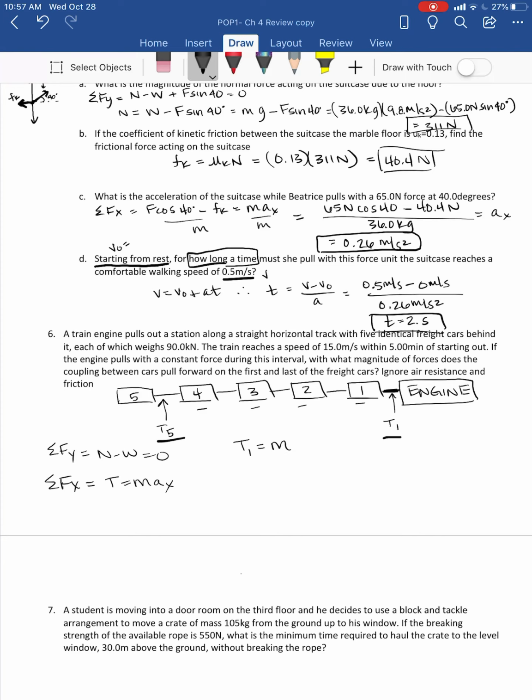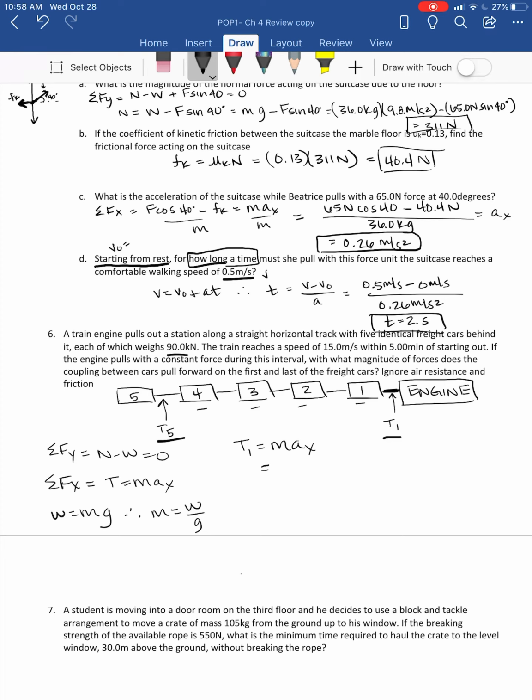So do we have a mass for all of these freight cars? No, we have a weight. So if you go back to your equation where weight is equal to mass times gravity, we could rearrange that and say that mass is equal to weight divided by gravity.